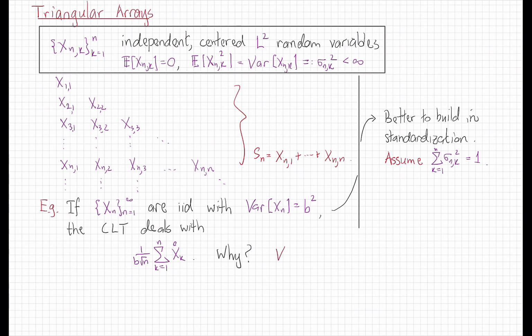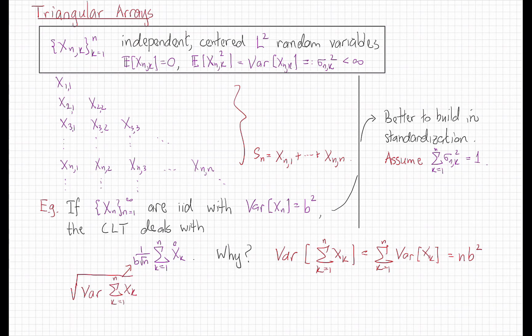Well, we can quickly calculate from the independence that the variance of the sum, centered or not, is the sum of the variances. In that example, all the variances are b squared, and so this is n b squared. Which means that the thing that we're normalizing by here is the square root of the variance of the sum.